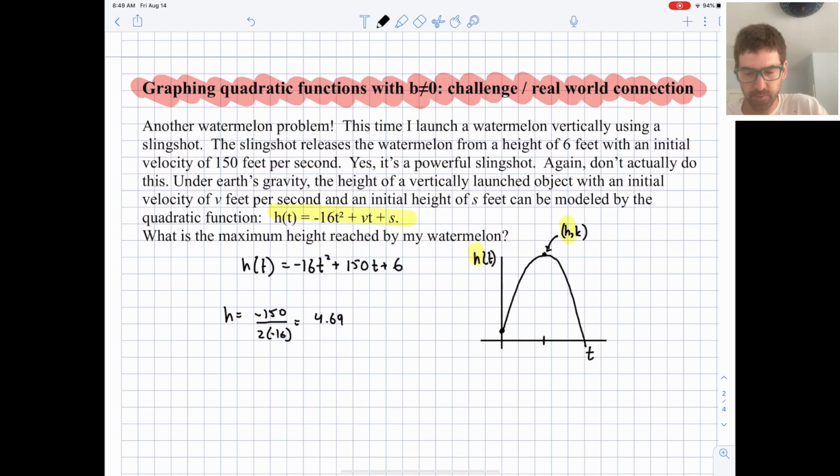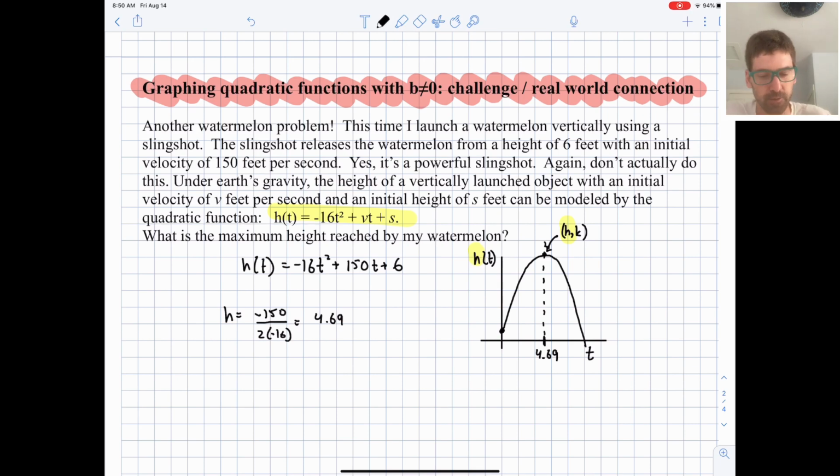So that means this point right here, the axis of symmetry of my parabola, is at 4.69 seconds. Okay? It took 4.69 seconds for my watermelon to reach its high point. And that tells you how powerful that slingshot is. Imagine a watermelon being launched upward and it takes almost 5 seconds just to start falling back down.